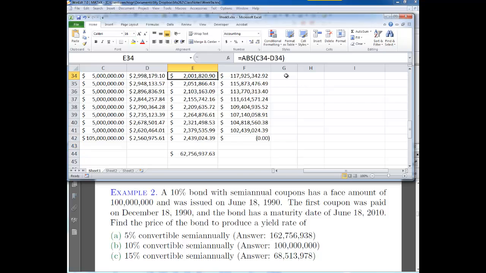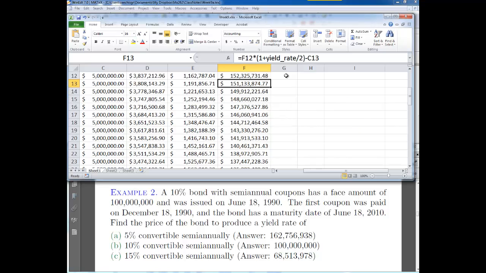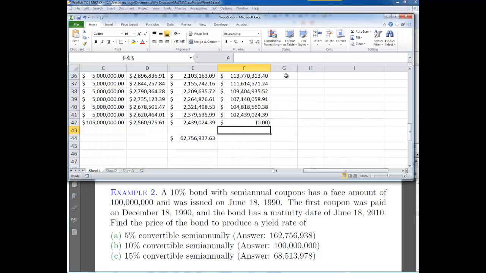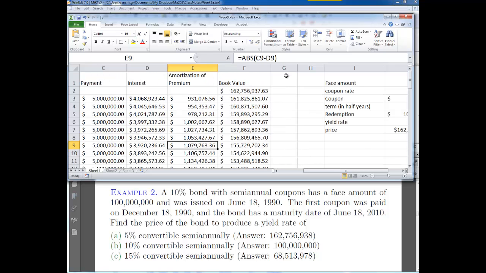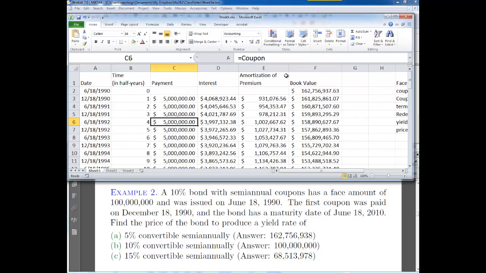All right, so this bond sells at a premium, because it's selling for more than $100 million. The amount of that premium is $62 million, and those payments, which are higher than the interest would be using a yield rate of 5%, include some interest, but also some of that premium.